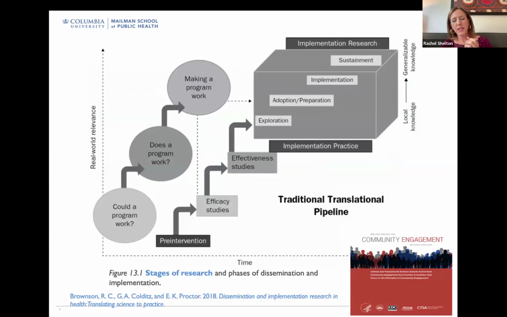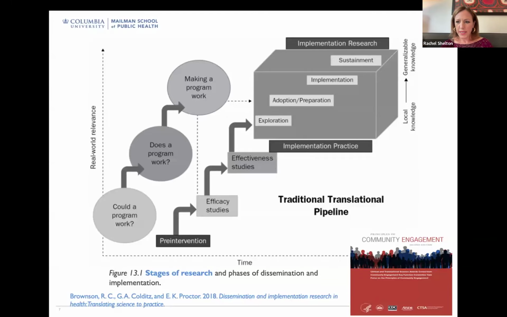Even in our research studies, even with the best of intentions, we often don't get to the sustainment phase. And I've often tried to make the case in my work that it's not really a surprise that we struggle to sustain programs if we haven't been thinking about it earlier along this translational science continuum.